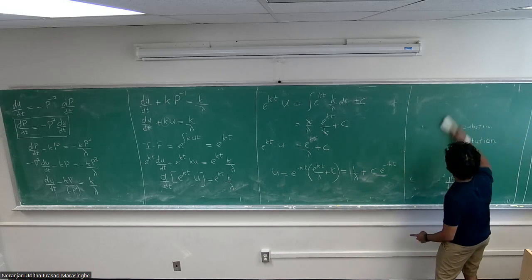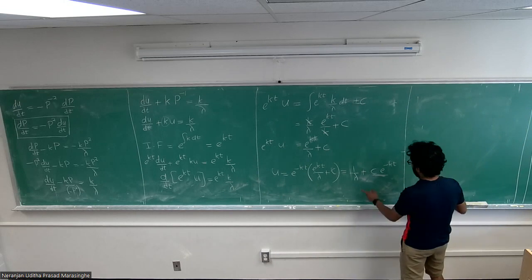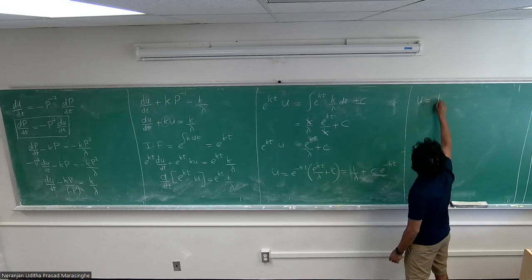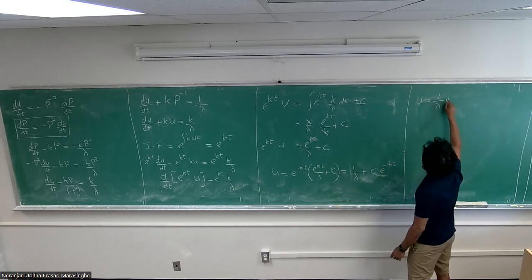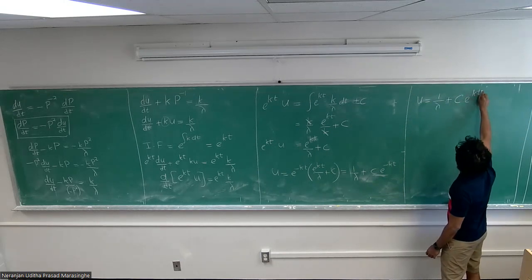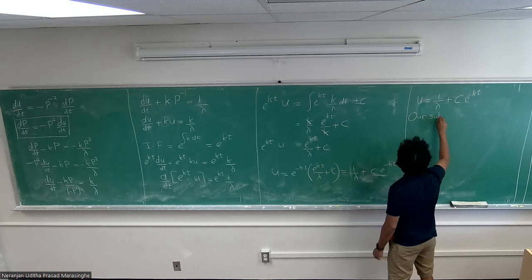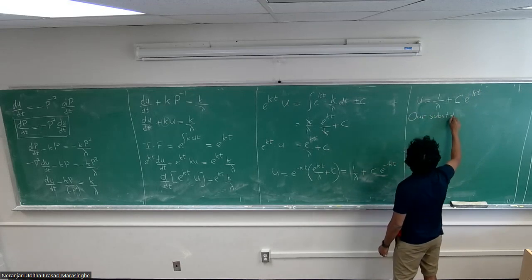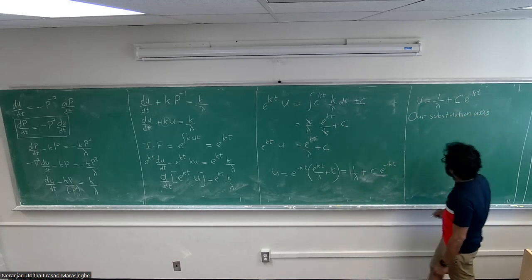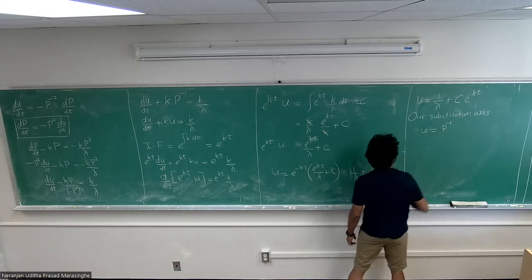Let's start. We know that u is equal to 1 over lambda plus c times e to the negative p, and our substitution was u equals p inverse.